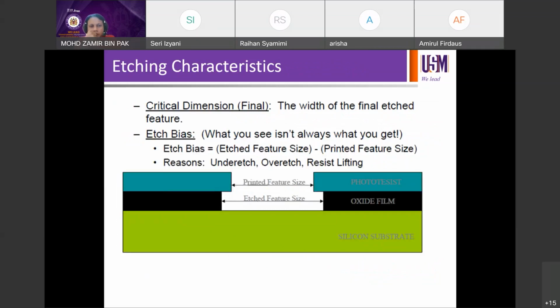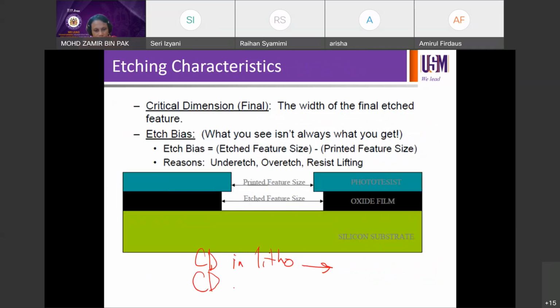Another characteristic that you have to understand is CD. CD we have discussed in lithography, and we will also discuss in etching. Let's recall, when you talk about CD in lithography, what do we call the CD?